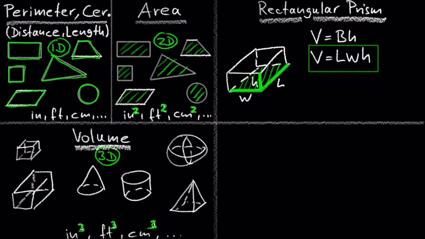Let's plug in some numbers and say the length of this rectangular prism is 10 centimeters. The width is 7 centimeters. And the height is 5 centimeters. 10 times 7 is 70, which is the area.